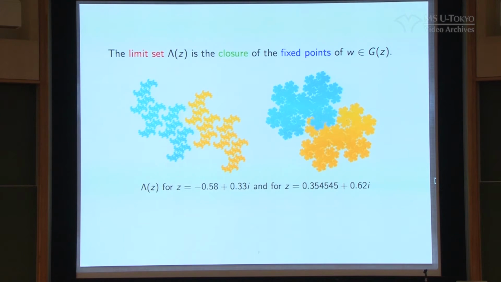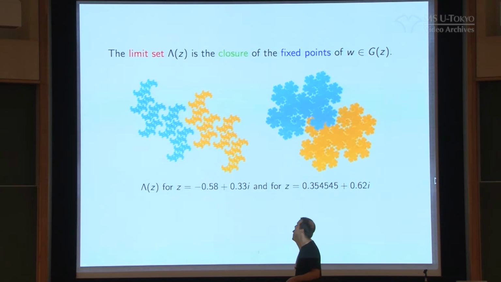The closure of this set of points is compact, it's associated in a natural way to the dynamics, and you can draw the pictures that you get here. There are two examples I've drawn here. This is not a single example, but two different examples. There should be a dotted line in the middle, say. So these are two different limit sets at two different parameters, one of them at the parameter minus 0.58 plus 0.33i.